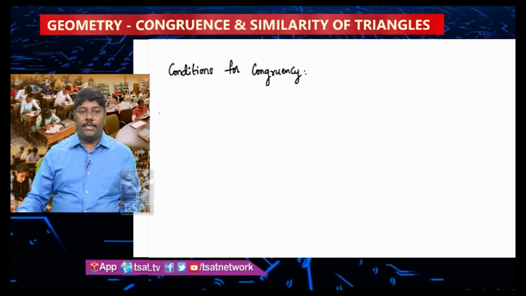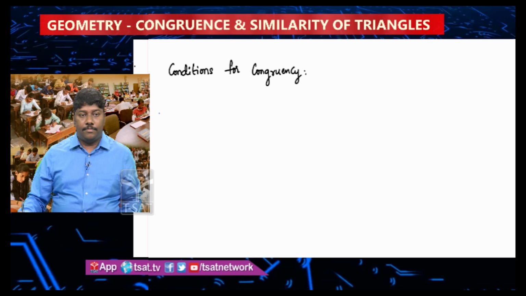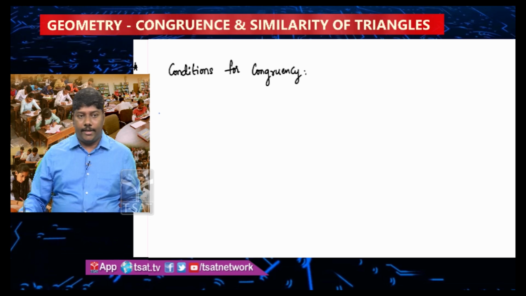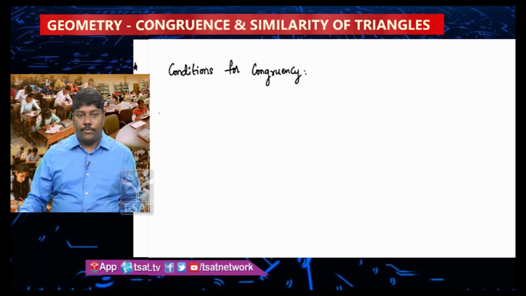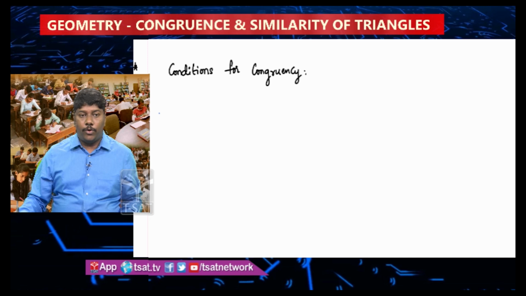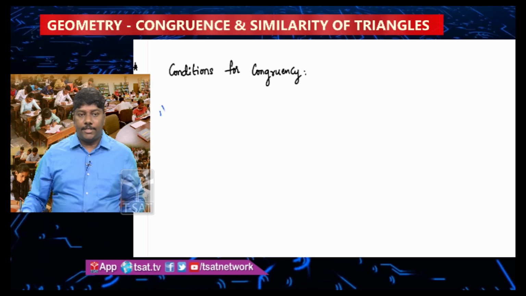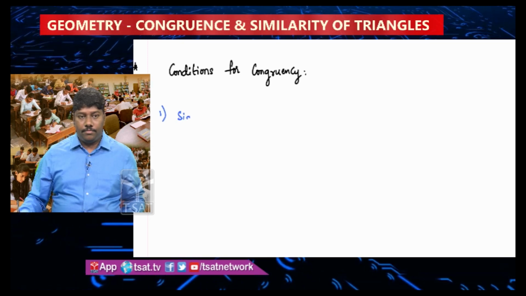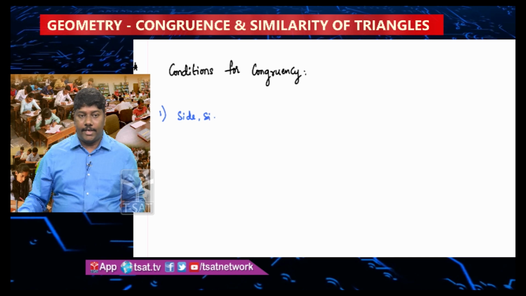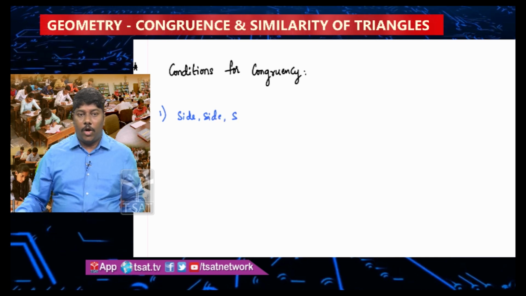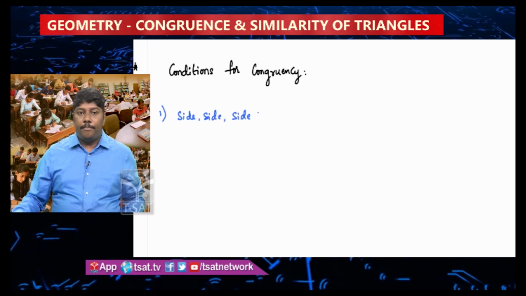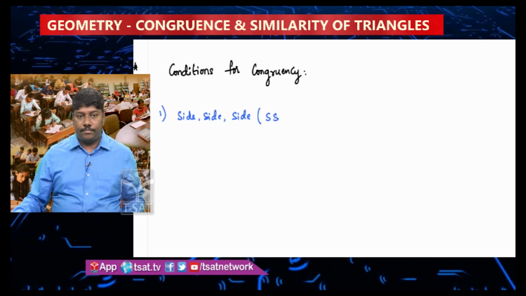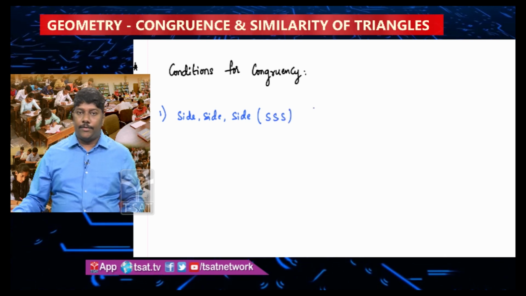Now, how do you recognize that two triangles are congruent triangles? So, we say conditions for congruency. Side, side, side: all three sides of one triangle must be equal to all three sides of a second triangle.